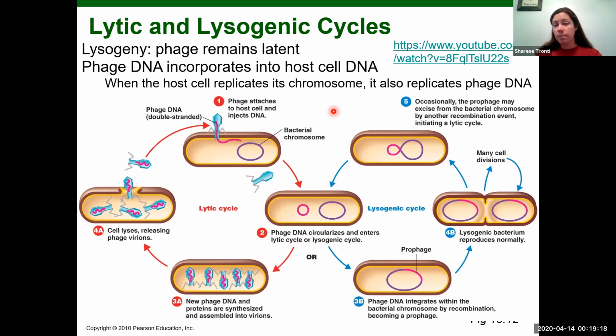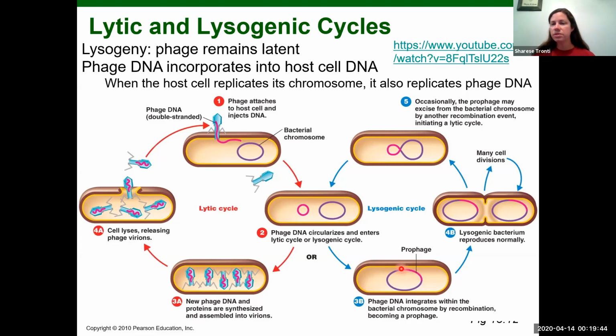Now, some viruses are able to go into the lysogenic cycle. The lysogenic cycle is where the phage can go into a dormant or latent phase. And to do this, the viral DNA will incorporate itself into the host cell DNA.